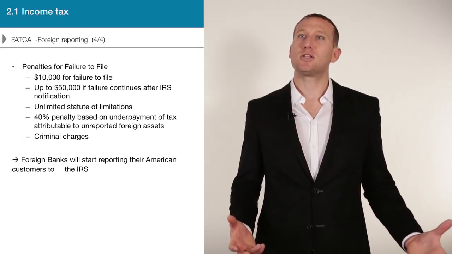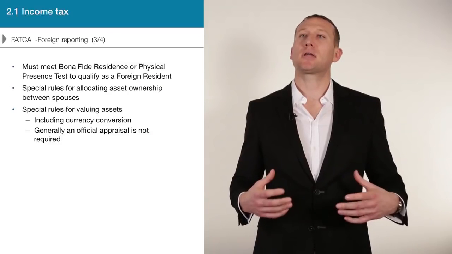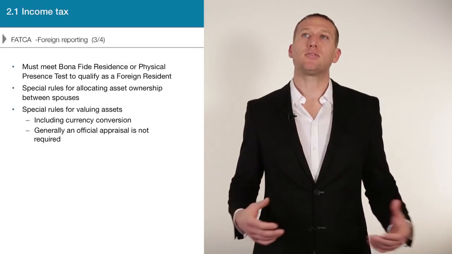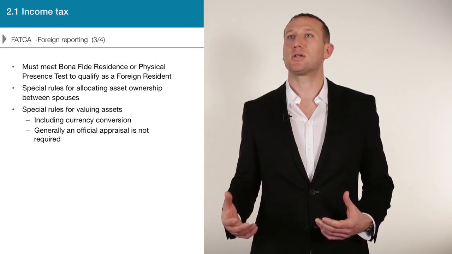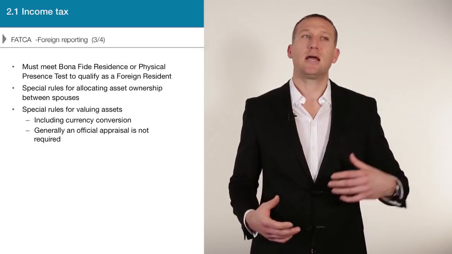Again, there's an unlimited statute of limitations, and a lot of people ask, well, how am I going to get caught? Well, the foreign banks are telling on you. Most foreign banks are now becoming what's called FATCA compliant, and they're starting to turn over the names of U.S. taxpayers to the IRS. If your name's on that list and your returns are not reporting those, you can bet you're probably going to get a call from the IRS.